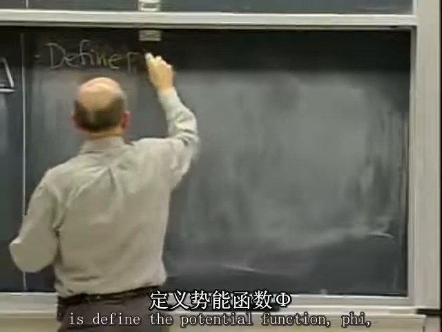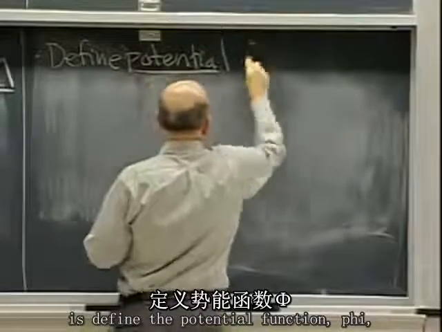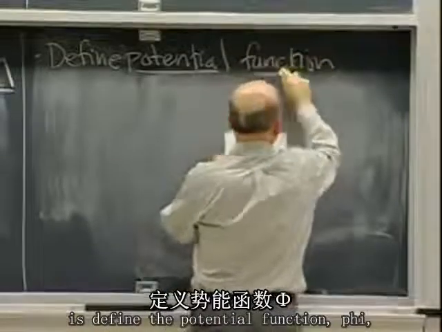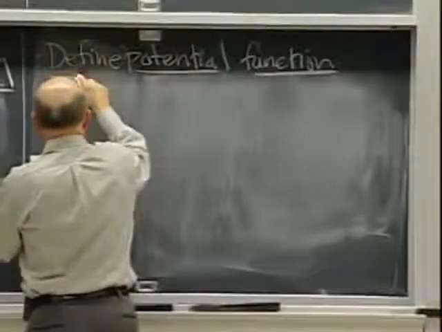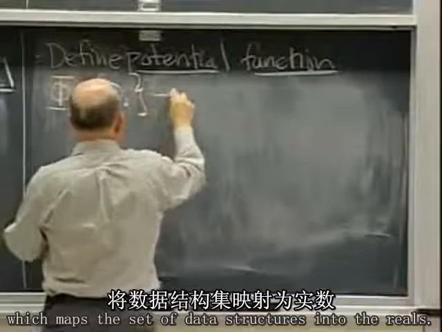the potential function phi, which maps the set of data structures into the reals.